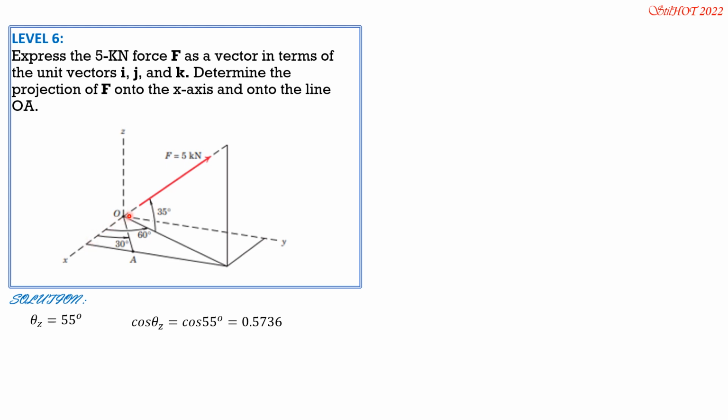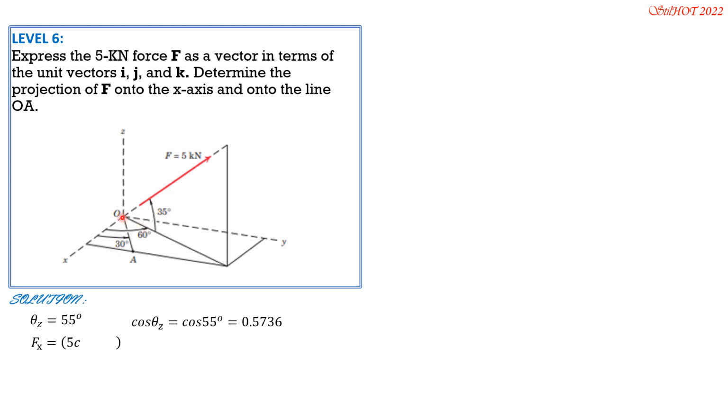Then to solve for theta x, we need Fx. We compute this component first. This is a right triangle, vertical, horizontal. This is supposedly Fxy. By our experience, this is 5 cosine of 35. Since Fx is adjacent to 60 degrees, Fx therefore is 5 cosine 35, positive in the positive x-axis, times cosine of 60.